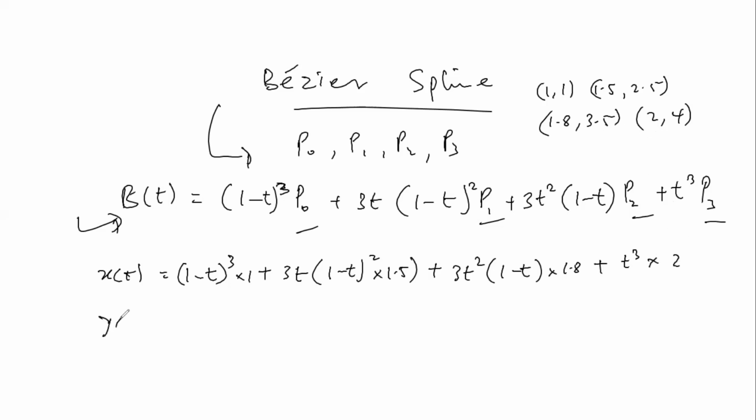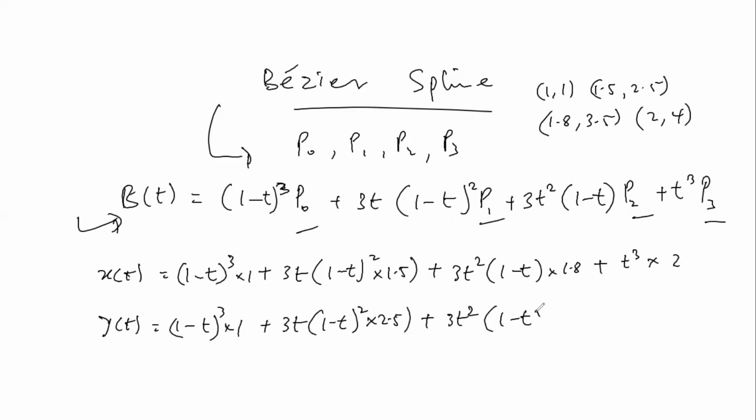And then my Y(t) will be (1 minus t) cubed times 1, plus 3t (1 minus t) squared times 2.5, plus 3t squared (1 minus t) times 3.5, plus t cubed.